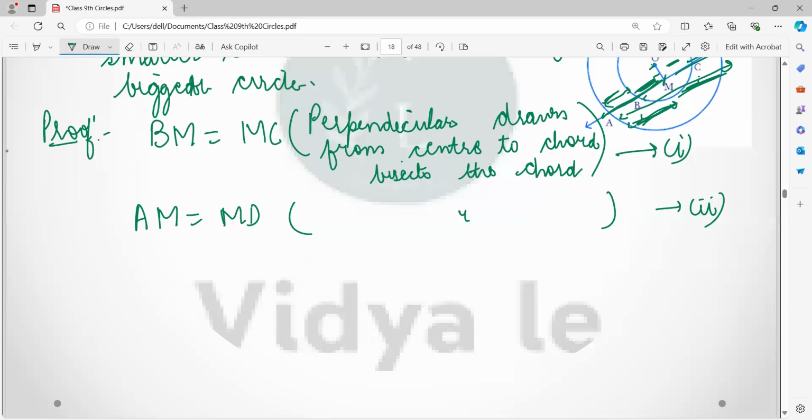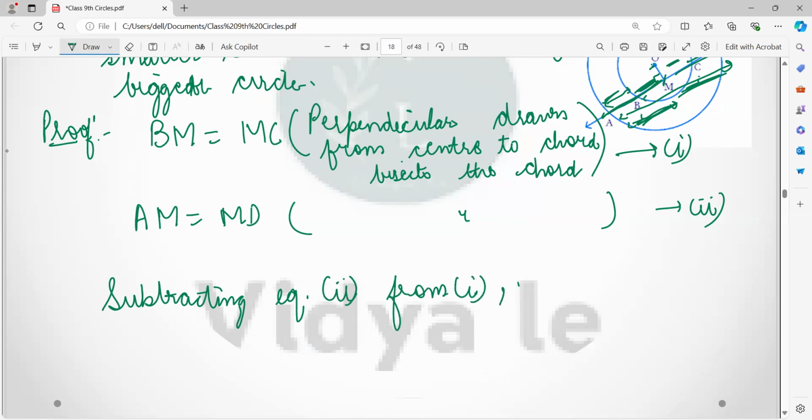So what we'll do? We'll subtract equation 2 from 1 and what we'll get? AM minus BM is equal to MD minus MC.